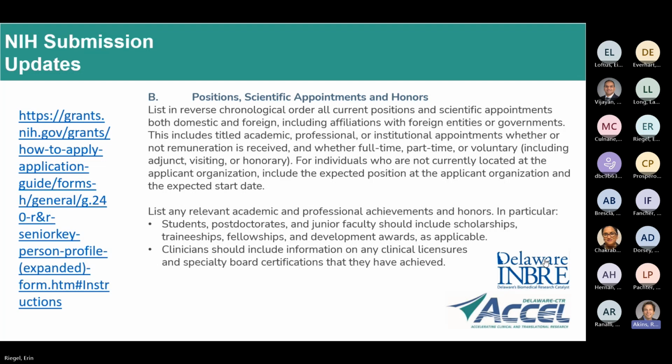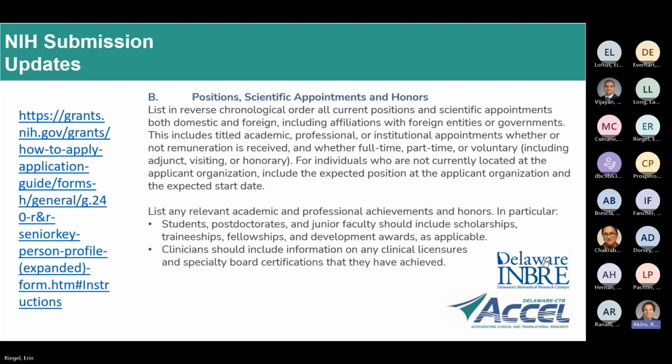For example, if you're working with a company in the grant and you have an unpaid role as an advisor to them, you should put it here and disclose it elsewhere so that it's clear to everyone looking at the document. The expectation is that you'll include any current position, in reverse chronologic order, that's related or relevant to the proposal. That's paid or unpaid, affiliated appointments, adjunct appointments, honorary appointments, anything like that.